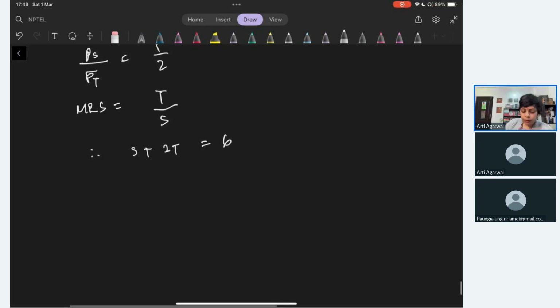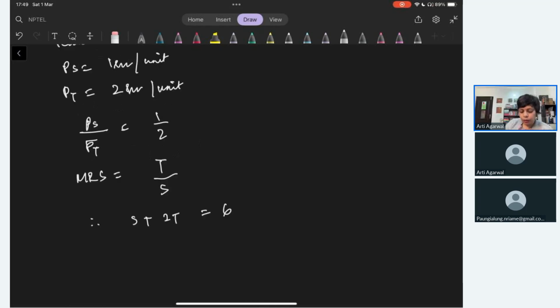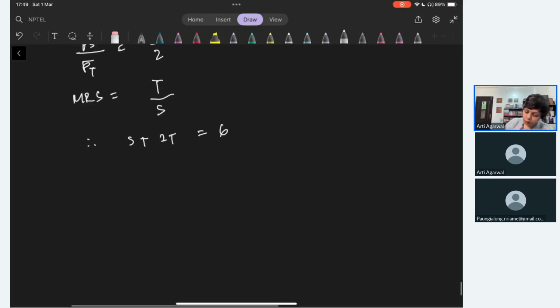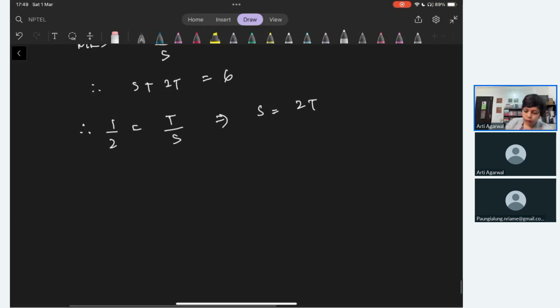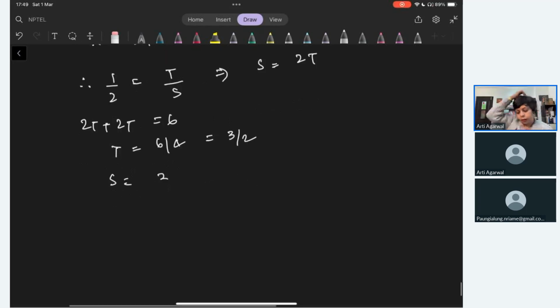And instead of T, we can substitute. Therefore, we can say half is equal to T by S. Therefore, S is equal to 2T. So we plug in S: 2T plus 2T is equal to 6. T is equal to 6 by 4, or 3 by 2. And therefore, S is equal to 3. So this can become your new optimal bundle.